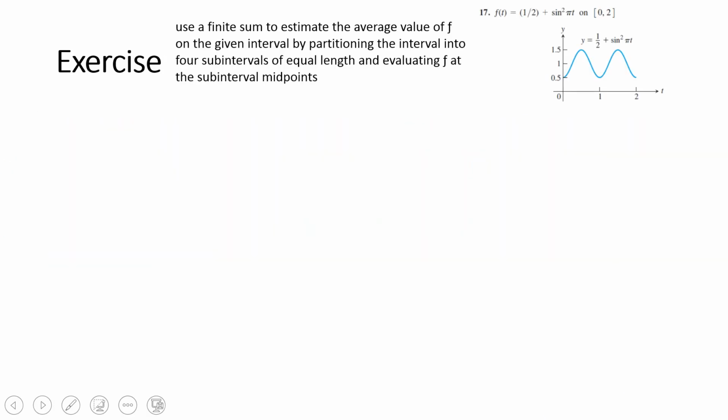So first of all, what we need to do, we have to subdivide it into 4 subintervals. That is, let's draw a point here as the midpoint of the interval 0 to 1. So let's draw a point here as well. Okay. So first of all, we have to subdivide the interval.